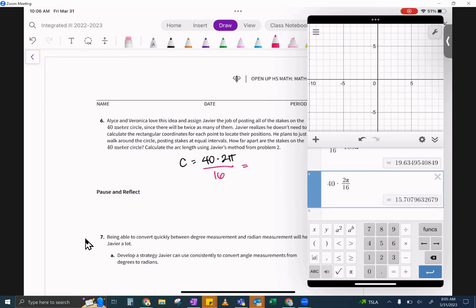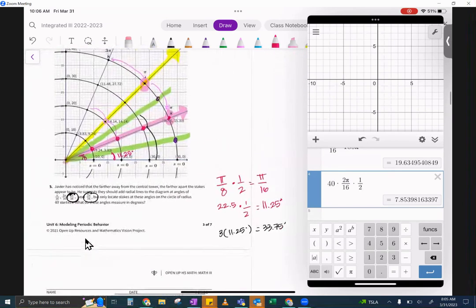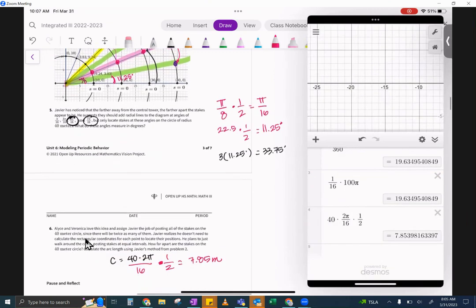I want to take that and multiply this by 1/2, because now we want to get in between there, right? So this is for the 16, and then we're going to multiply this by 1/2 to get in between those two, and so we get 7.85. Okay, so that's how far he is posting these things, right? It goes here, 7.85, right? All right, moving on.